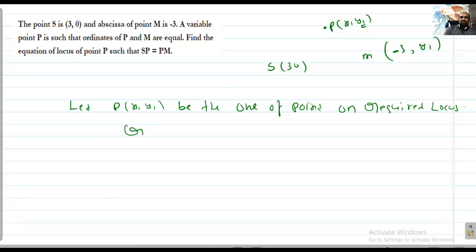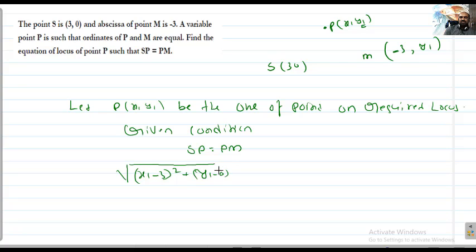Given condition, SP equal to PM. SP is distance only, no? (x1 minus 3) whole square plus (y1 minus 0) square equal to PM, (x1 plus 3) whole square plus (y1 minus y1) whole square.